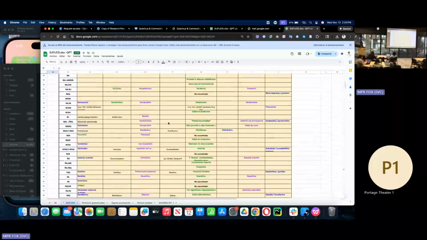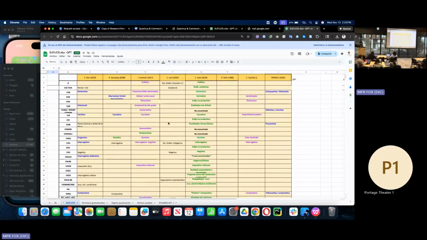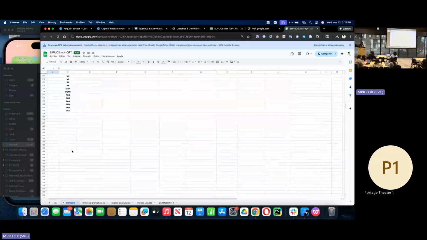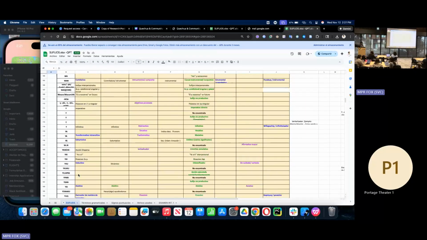We need to collect. What happened here especially is that we collected many different books from different authors, from different linguists and professionals that have worked in Quechua for many, many years. And we have compared the different definitions of specific concepts of each suffix that we have collected. We have collected almost 200 suffixes.